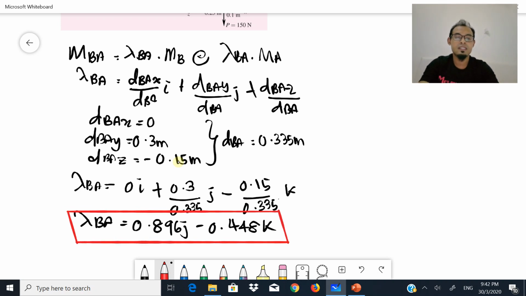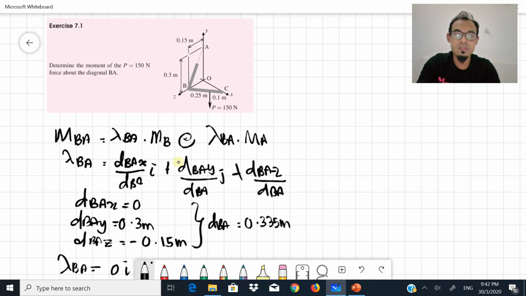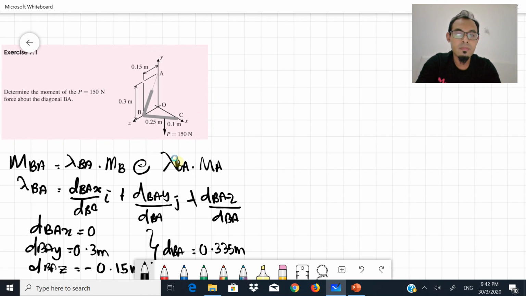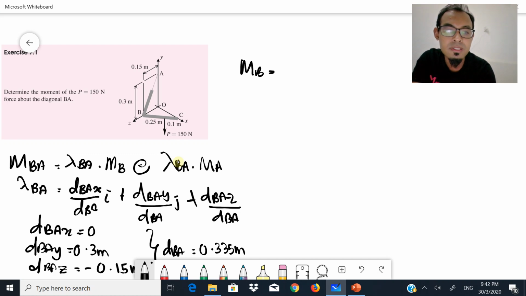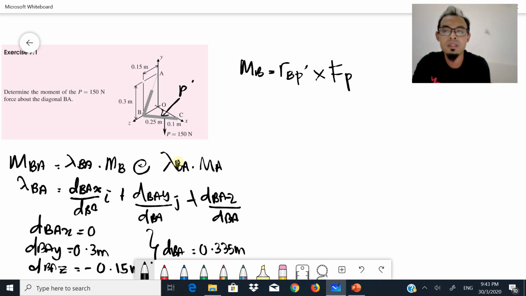Okay, clear. Next part, we need to find M_B. Basically M_B equals, let's put this point as P prime, so we can choose r_BP' cross with F_P.